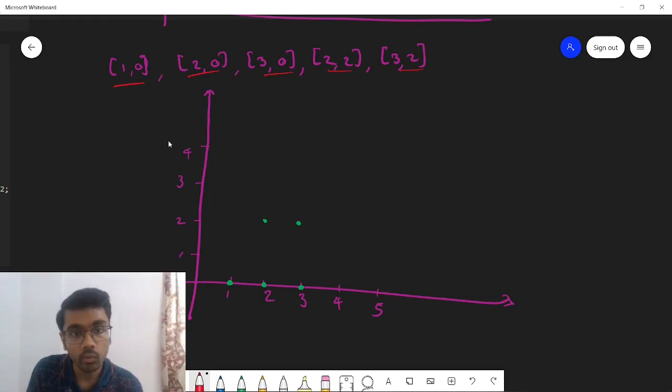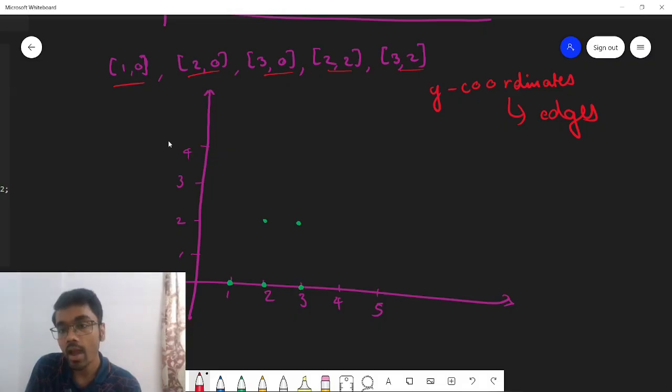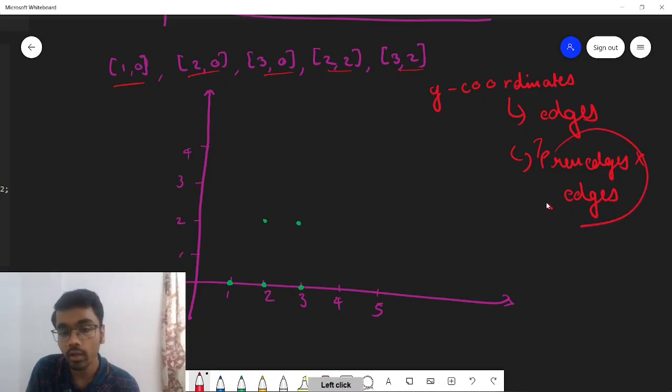We just need to take care about the different y coordinates, and for each y coordinate calculate the total number of edges, and whatever the previous edges were, multiply it with the current total edges and add this to your answer. So this is how we'll be doing.